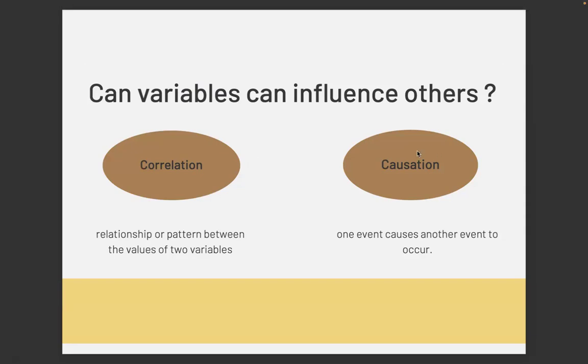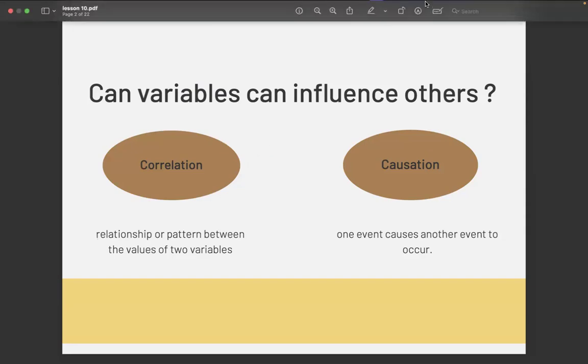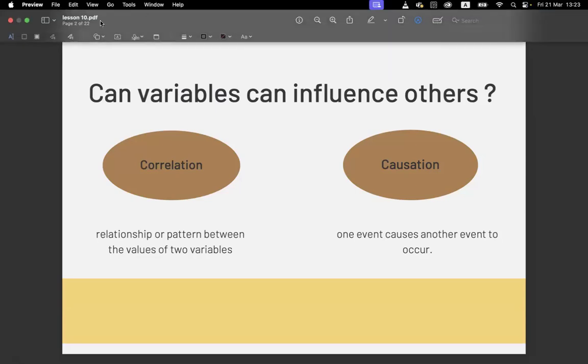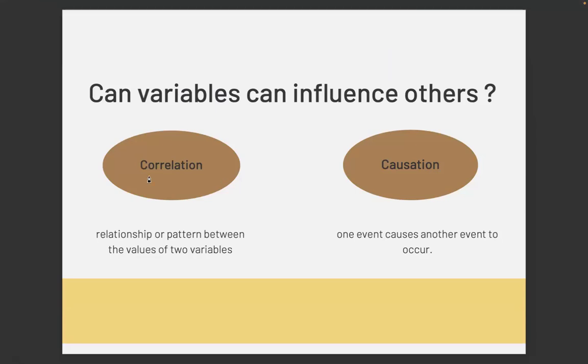We heard about these two in the previous, I think, 8th chapter as well. Yes, they can influence others in two different ways. One is correlation, the other one is causation.